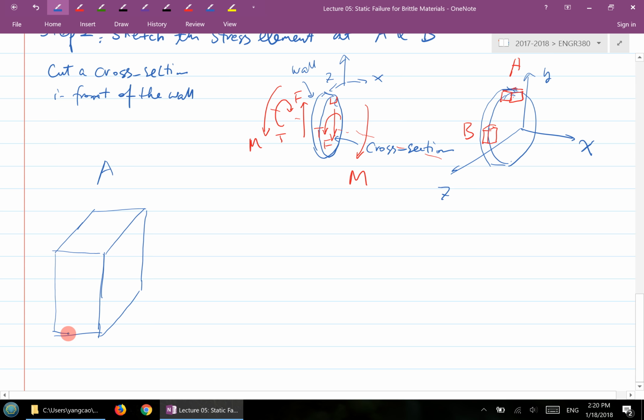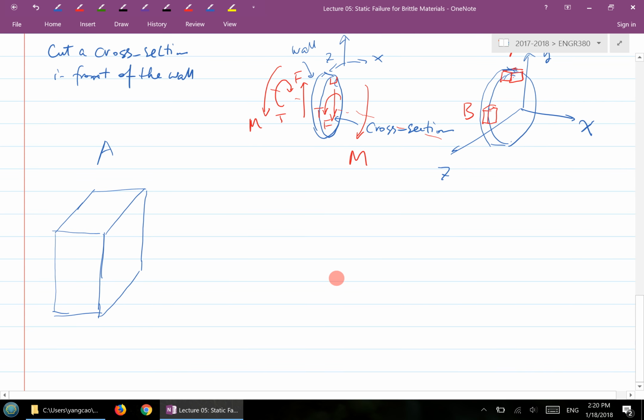So at the A location, what type of stress exists? Here's your x-axis direction, right? Here's your x-axis. Here's your y, and here's your z.